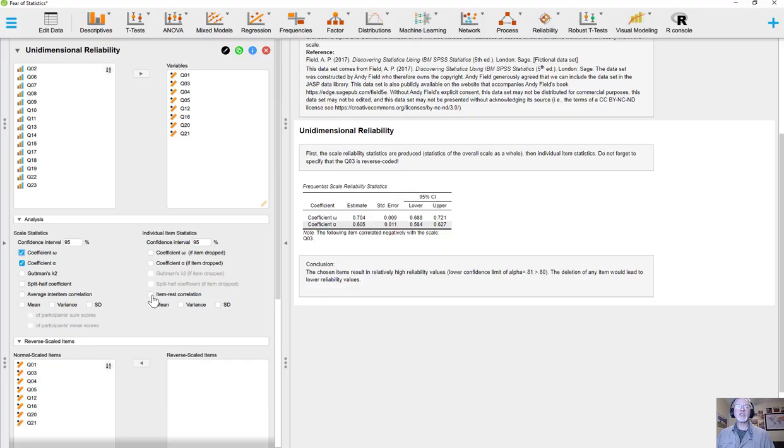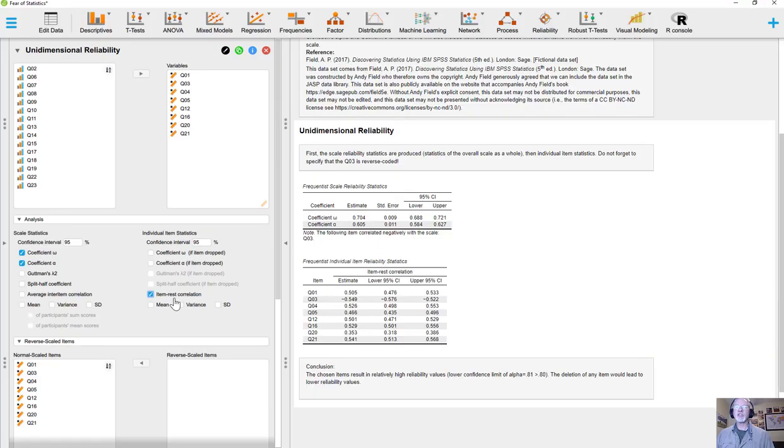One should always start by looking at the item correlations with the rest of the scale. If you click on this item, it gives you the correlations, showing that item 1 correlates 0.51 with the rest of the scale, the average of all the other items. Item 3 is negatively correlated. That's not good at all, especially given that it's a strong correlation of minus 0.549.